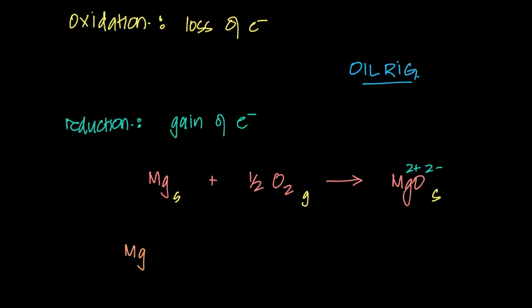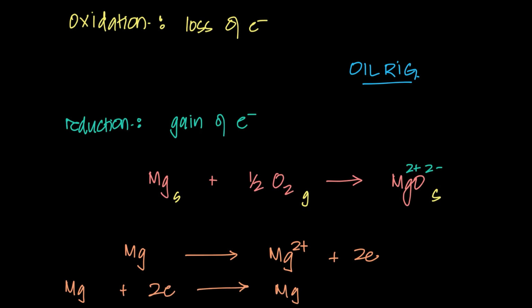Magnesium seems to be losing electrons. When magnesium loses electrons to become Mg2+, we can write it like that, or we can write it as magnesium losing 2 electrons to become magnesium 2+. Both half equations mean the same thing.